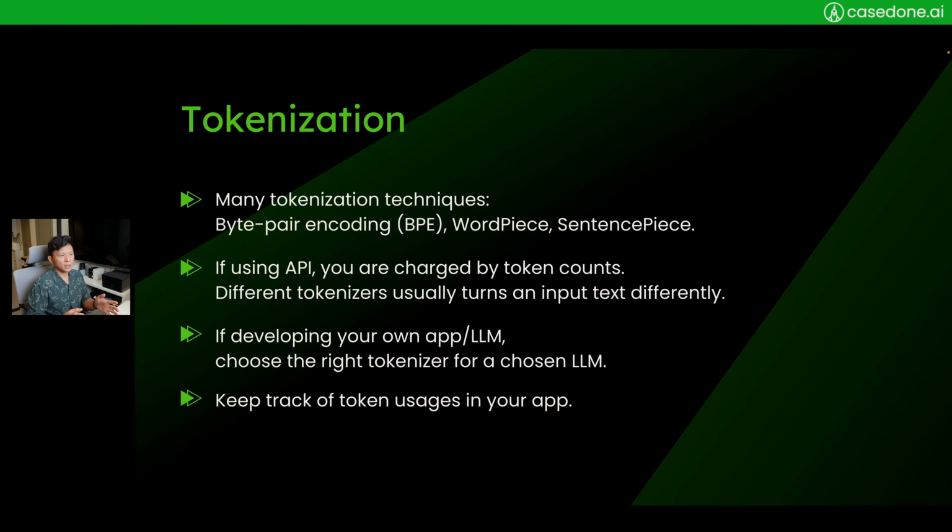Let's say for 1 million tokens, your API provider, for example OpenAI, charges $10. This is just a made-up number. Then you need to count how many tokens you're using so that you can charge your clients by token count. You can quote to your customers that we are providing a service where 1 million tokens is $15, for example.